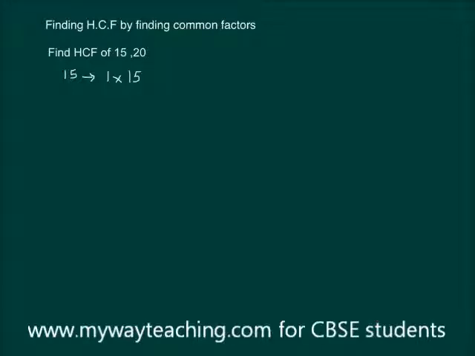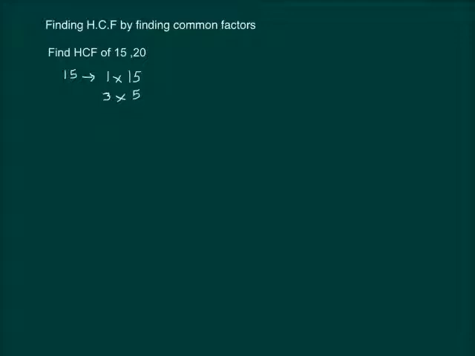Suppose we have to find the HCF of 15 and 20. First we find the factors of 15. We start with 1. 1 into 15 will give us 15. 2 is not a factor of 15. 3 into 5 is 15. 4 is not a factor.